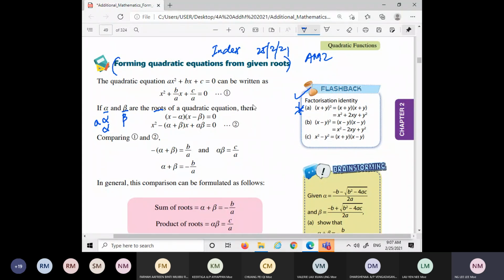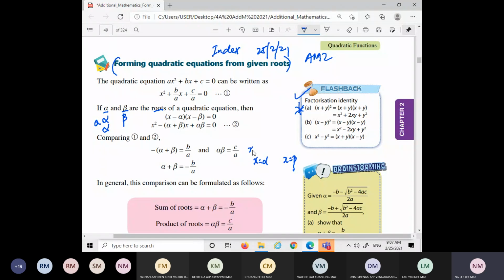What's the meaning? You remember when we solve quadratic equations, the last step we have x equals to what, and then x equals to what. This is the answer. If now you say that x equals alpha is the answer and x equals beta is the answer, what is the step before? What is the line before these two?